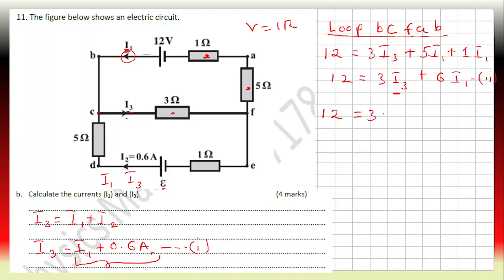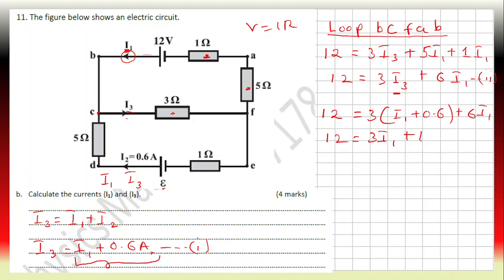So 3 multiplied by I3. I3 is I1 plus 0.6, then plus 6I1. I'll open the bracket, so I'll have 12 is equal to 3I1 plus, so what is 3 multiplied by 0.6? You get 1.8.